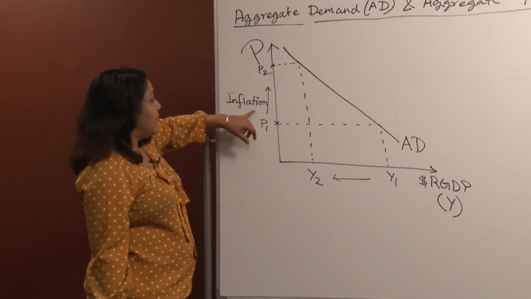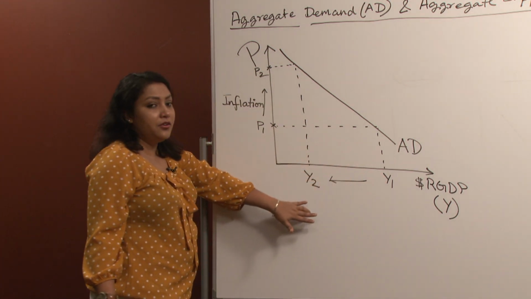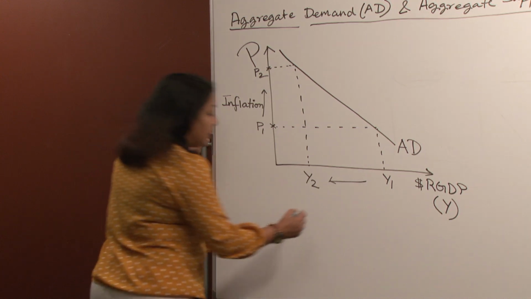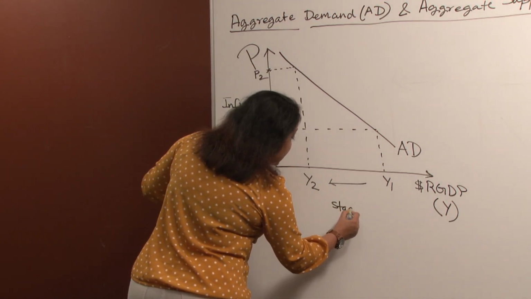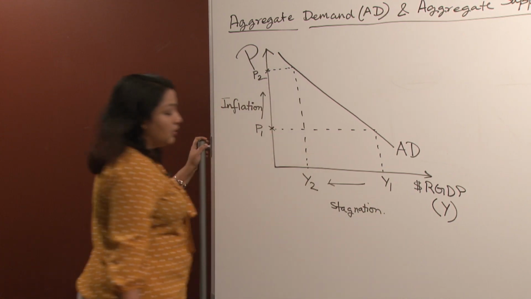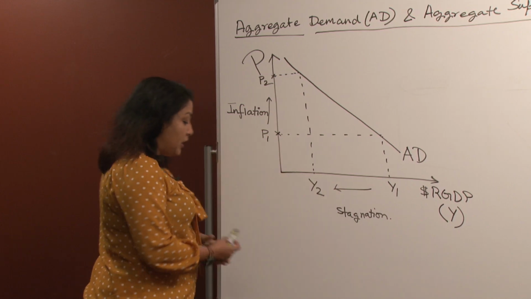So, we are saying that if there is inflation, then there is a decrease in the real GDP. Now, this decrease in the real GDP is also known as stagnation. Okay, so whenever there is inflation, there is stagnation in the economy.